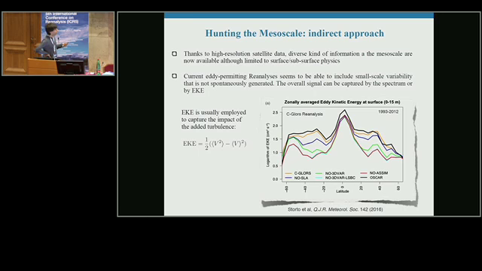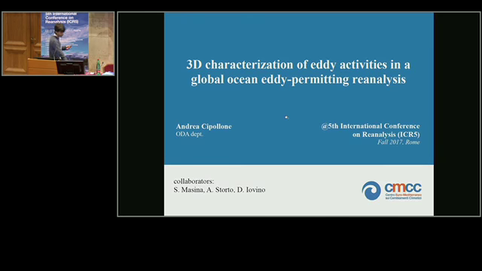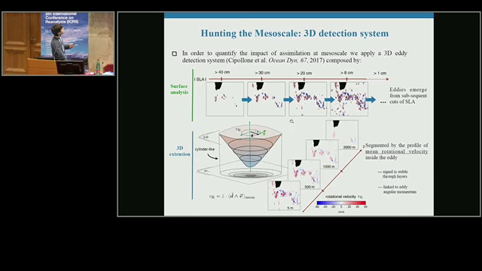So this is a good way to see this, but you are not going into much detail. And if you want to do that, you need to rely on an eddy detection system. That is what we actually built for this purpose. It is composed of two main parts.